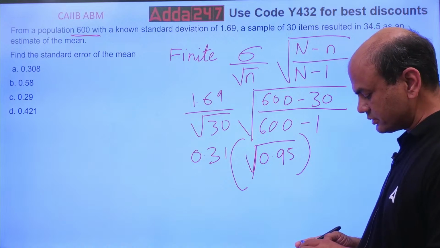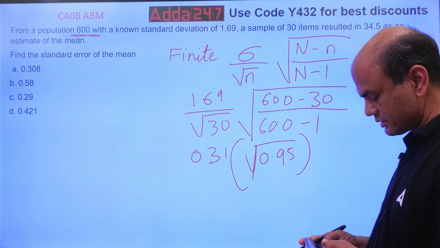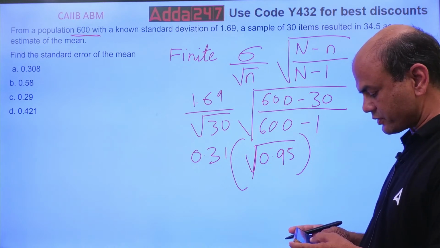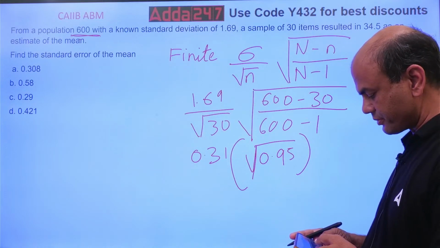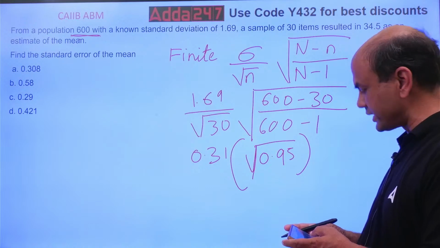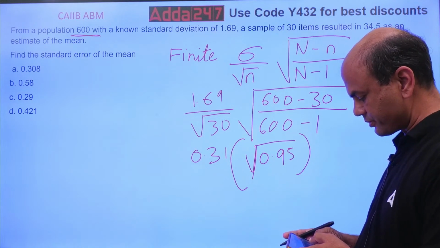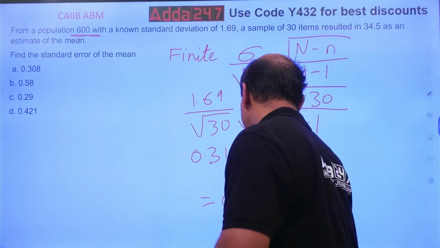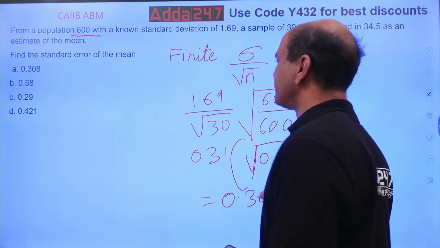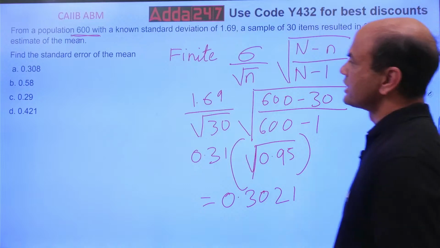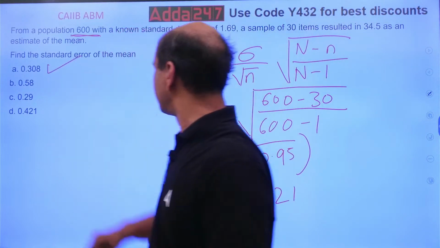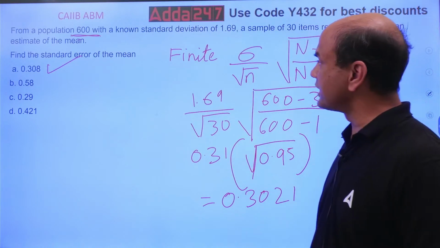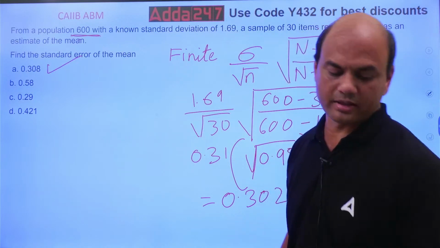It is 0.308 because I have taken it rounded. This is the standard error.